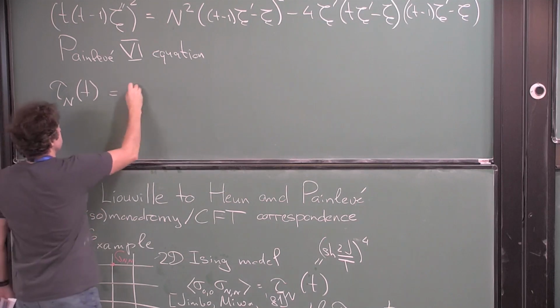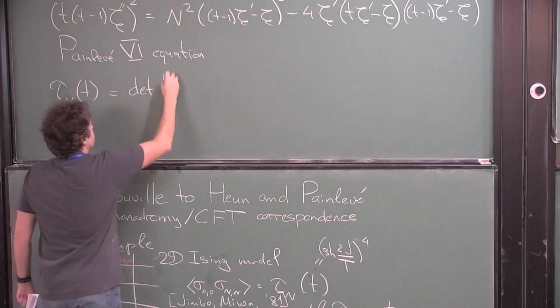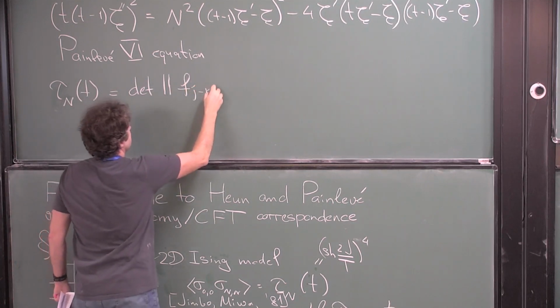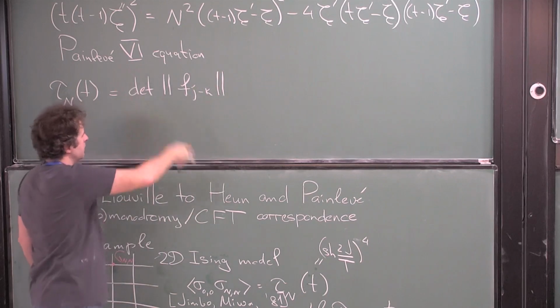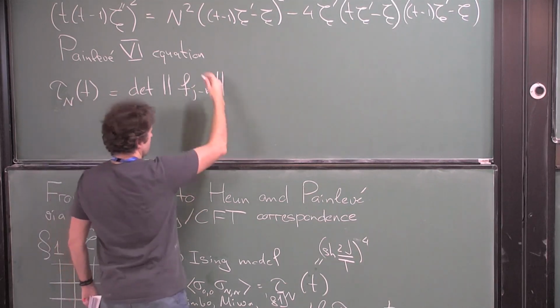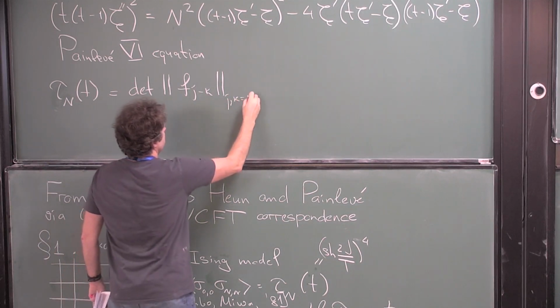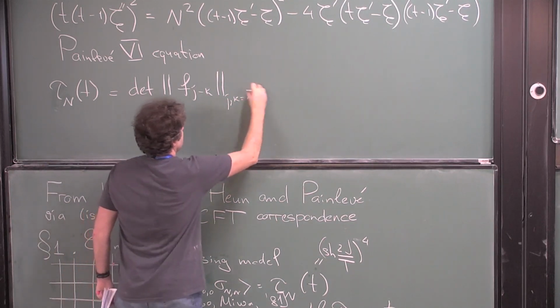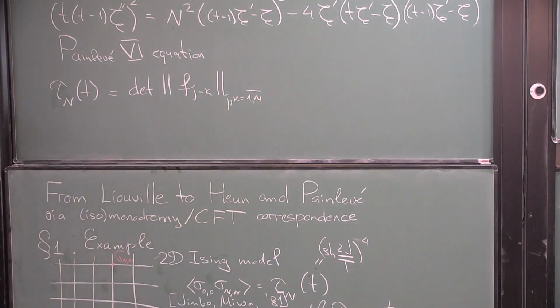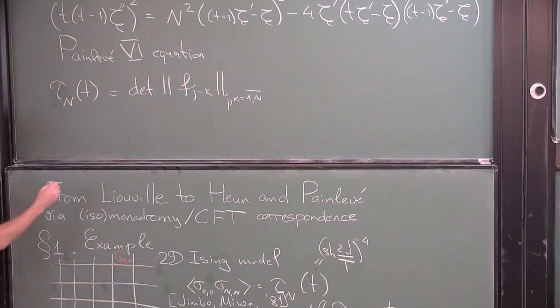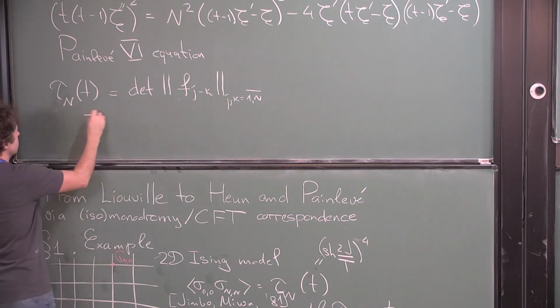It's the determinant of an n by n Toeplitz matrix. Toeplitz means that all elements on each of the diagonals coincide. So j, k run from 1 to n. And the coefficients f_k appearing in the matrix are Laurent coefficients of a particular function.